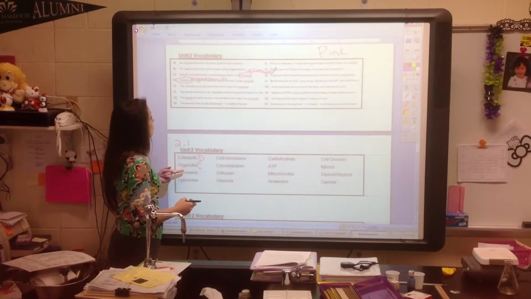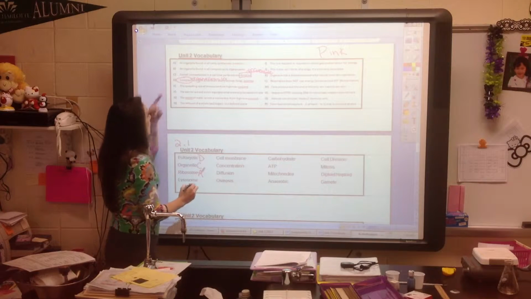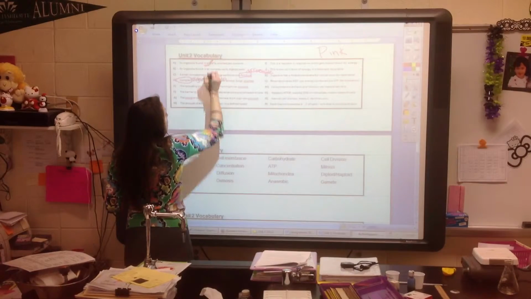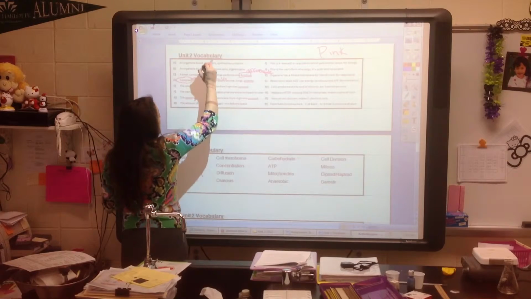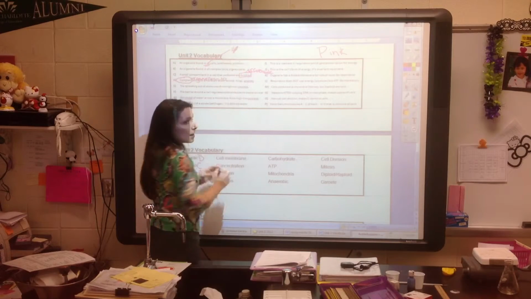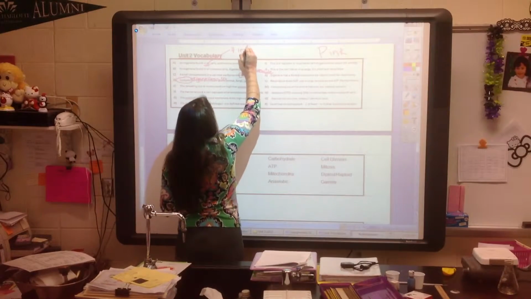Our next word is ribosome, and ribosome is going to be A, an organelle found in all cells. And so we really want to underline that, all cells. And let's kind of off to the side remind ourselves that there are 4 organelles found in all cells. All cells have a cell membrane.